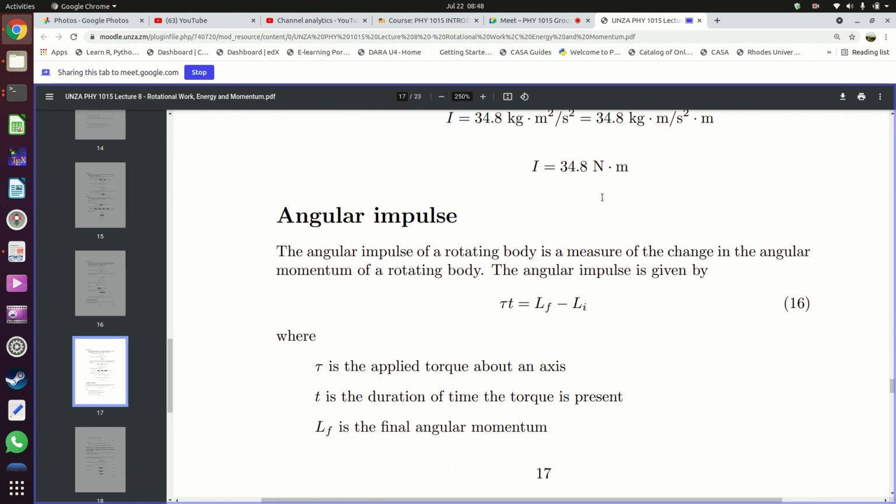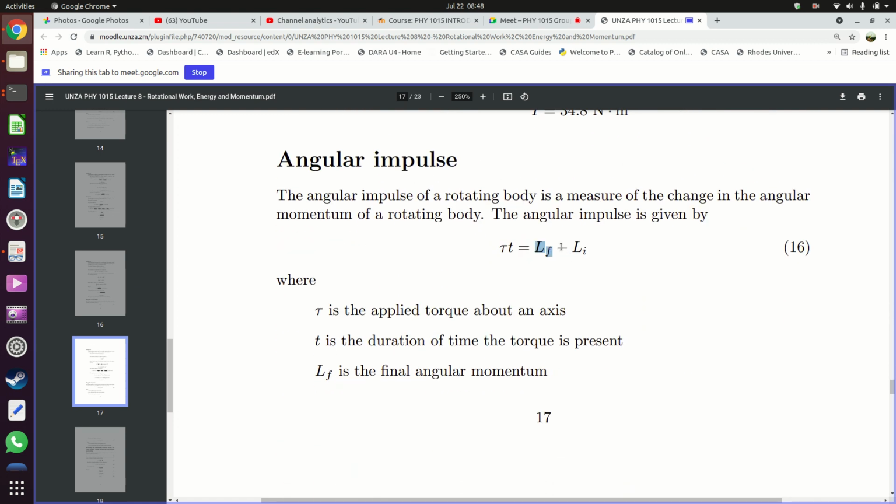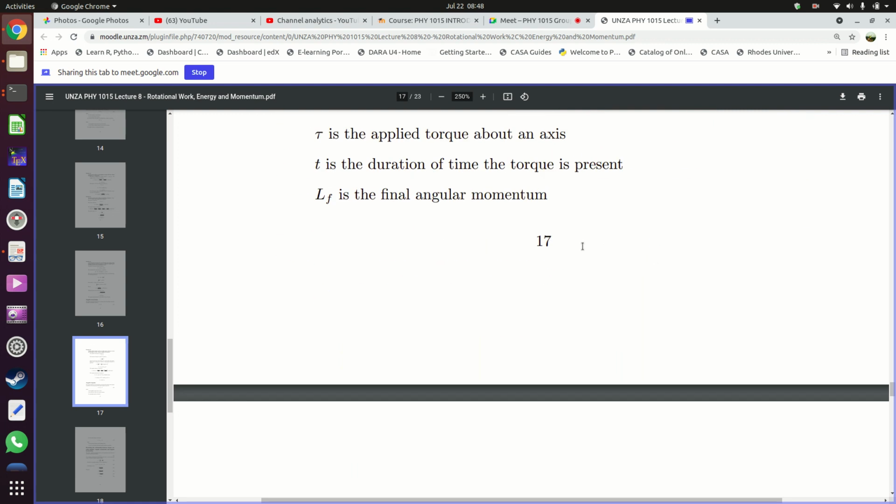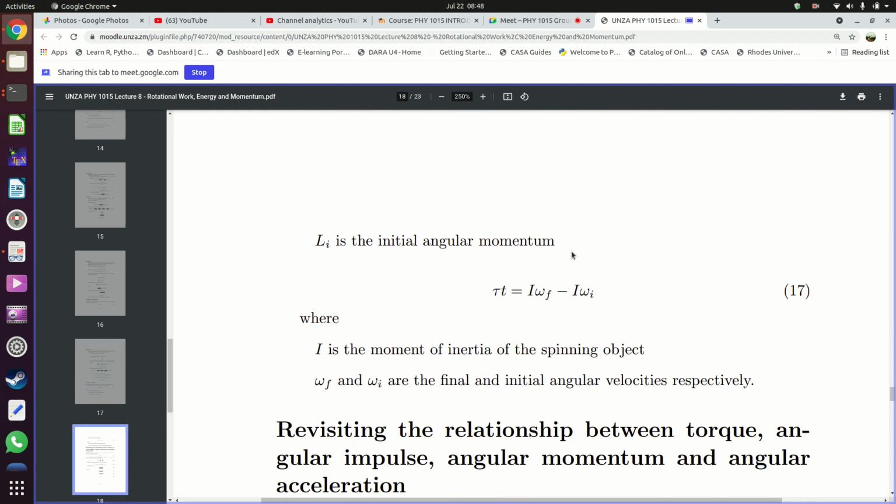So you can rewrite this expression: angular impulse is equal to the moment of inertia multiplied by omega f minus the moment of inertia multiplied by omega i.